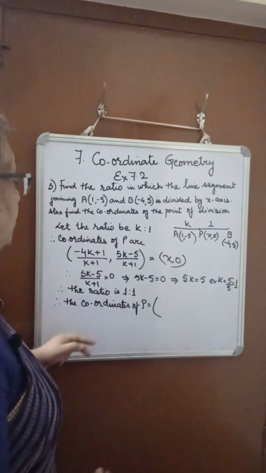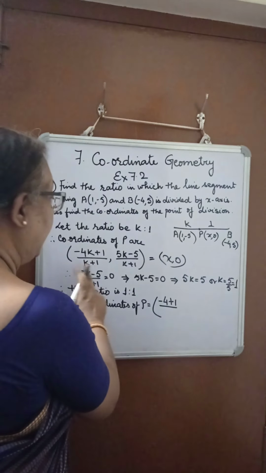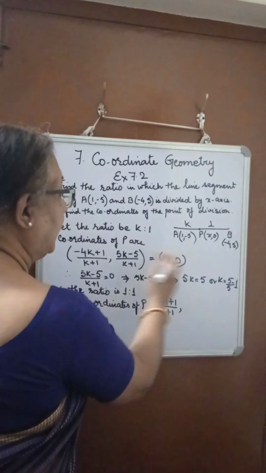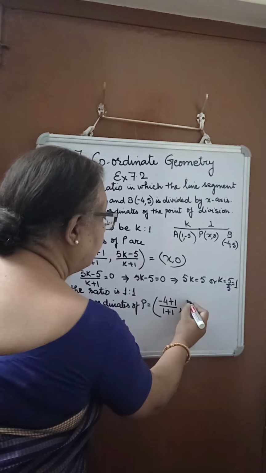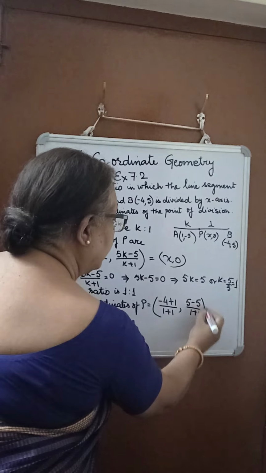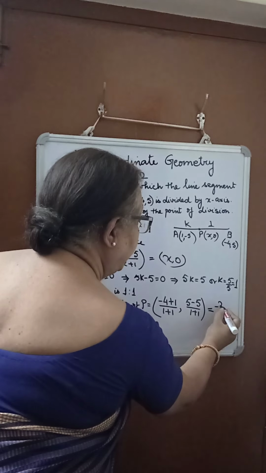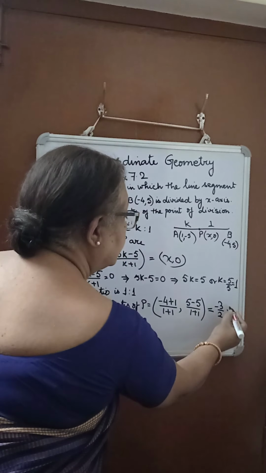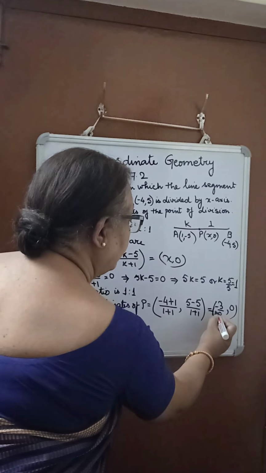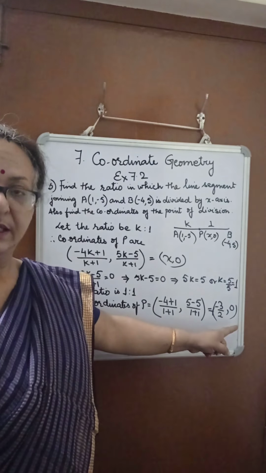So -4 into 1, that is -4, plus 1, by 1 plus 1, and for this one, though we know it is 0, we can substitute 5 into 1, 5 - 5, by 1 + 1. -4 + 1, that is -3 by 2, and this one is 0. So the coordinates of P are (-3/2, 0).